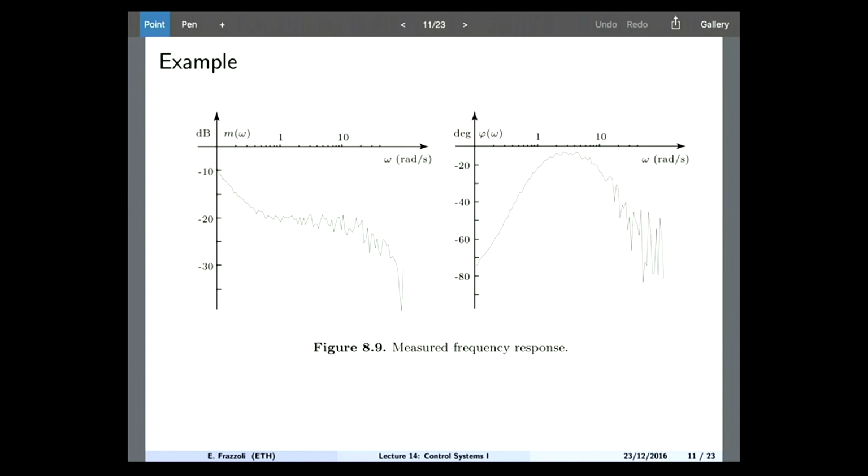And you put them on the Bode plot. Now, since you're running a real experiment, your curve probably will not be a nice, smooth curve. So this would be a bunch of points that are somewhat scattered around something real.